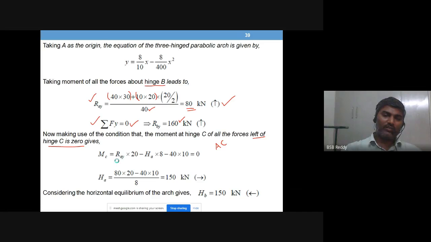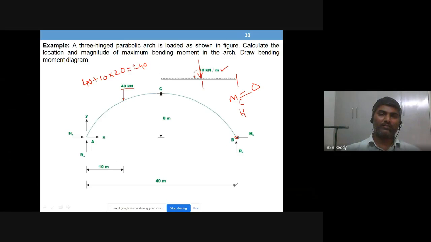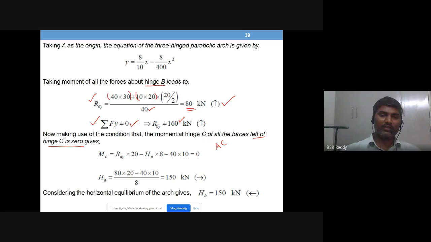You have three forces to the left of C: RA, HA, and 40. So you need to write the moment about C for all these three forces. RA into this distance, which is 20, and then H into the height, which is 8, and then 40 into this distance, which is 10. So that is written here.